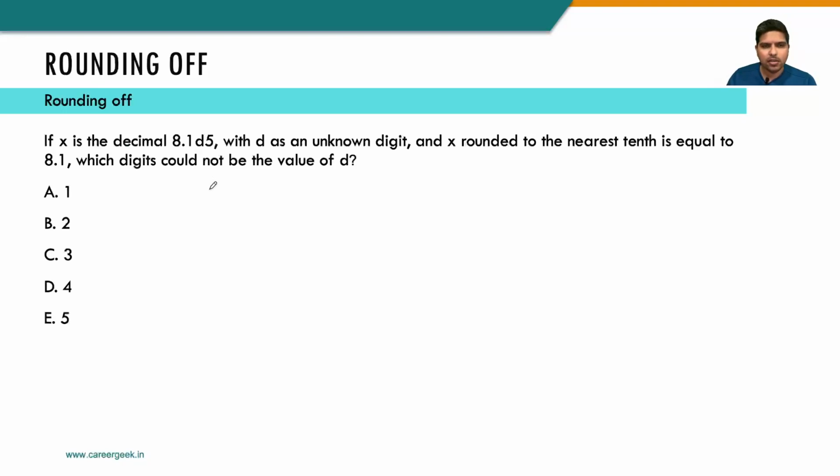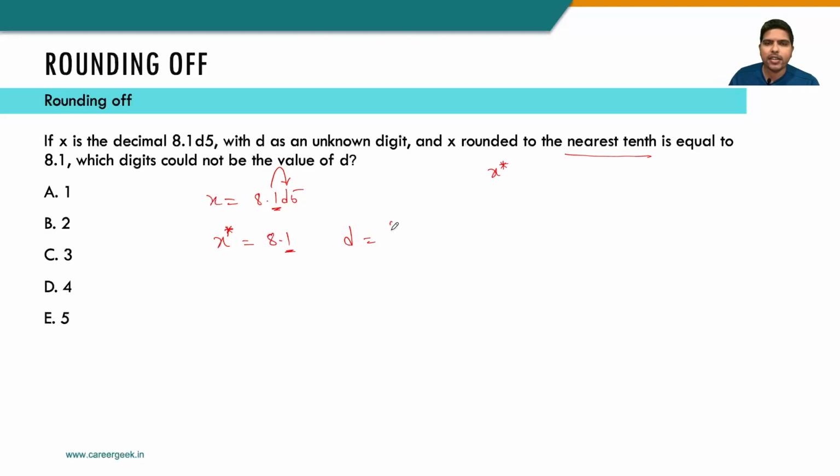X is a decimal, 8.1D5, so the 100th place is D. And X rounded off to the nearest 10th, let's consider this as X star, is 8.1. That means if you round off, it stays the same. So what has to be the immediate right digit?